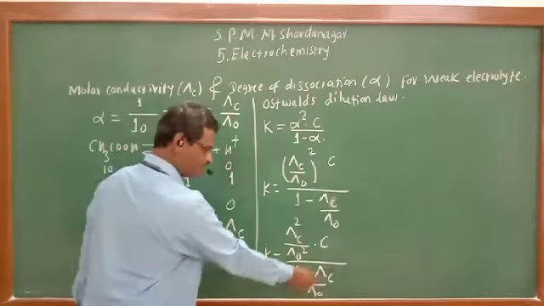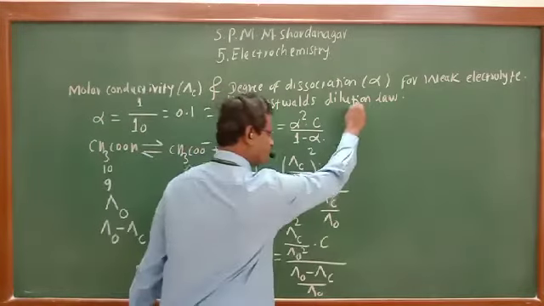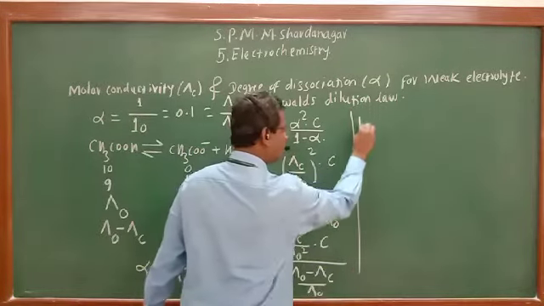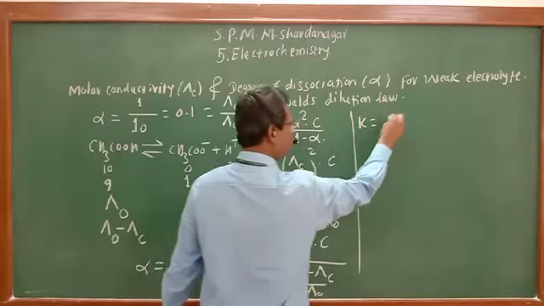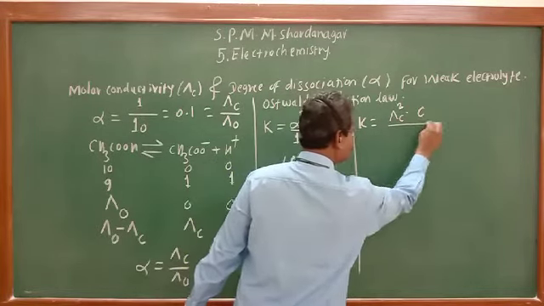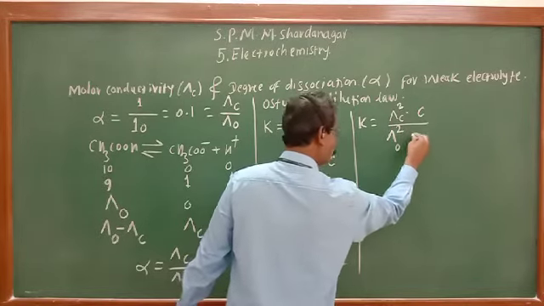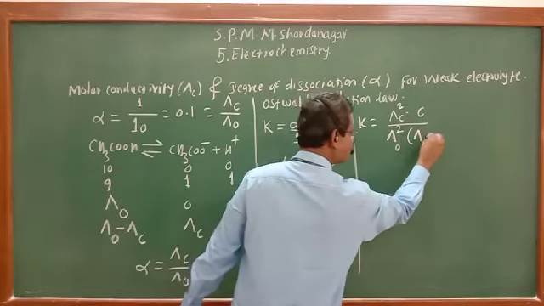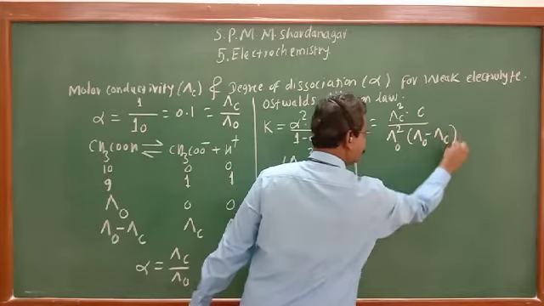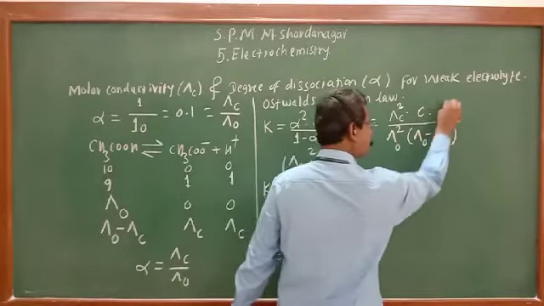So that is lambda 0 minus lambda c divided by lambda 0. Now taking lambda 0 at numerator and solving the equation, see what will happen. K will be equal to lambda c square into C divided by lambda 0 square into lambda 0 minus lambda c, and this lambda 0 goes at the numerator.